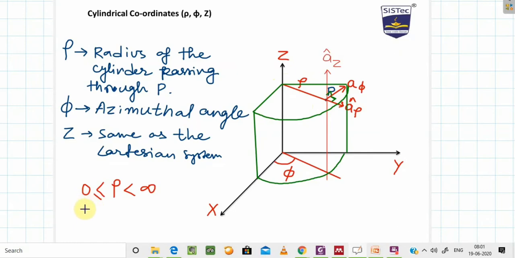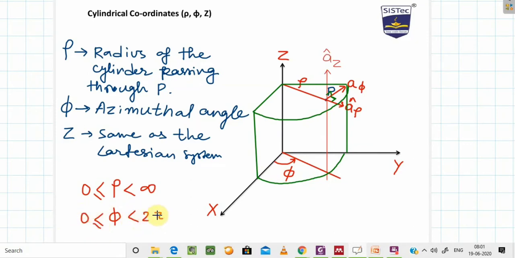Now the next is phi. What should be the range of phi? Since phi is the azimuthal angle, and it is measured from the x axis in the xy plane, phi can go maximum from 0 to 360 degrees. If I rotate it from the x axis, it will go from 0 to 2 pi.